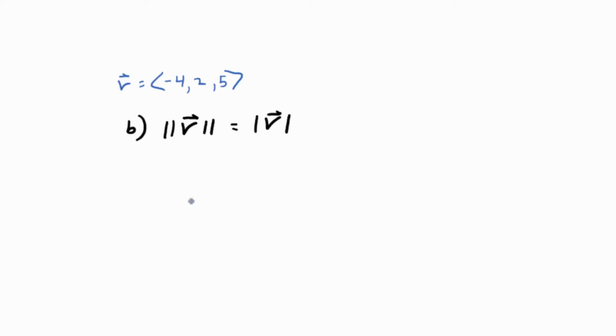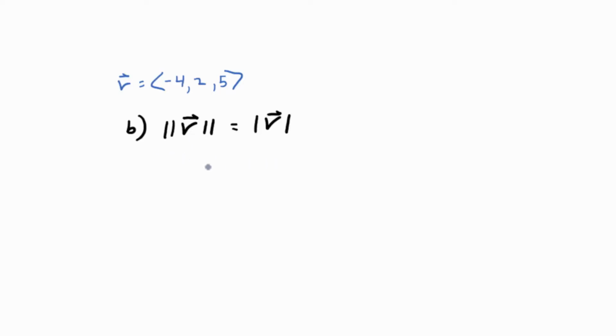So that notation, either double bars, or Stewart uses single bars, means the length of the vector. So how do you find the length of the vector? You find the distance between the origin, which is going to be the tail, and the tip, which in this case is -4, 2, 5. It's essentially the distance formula.